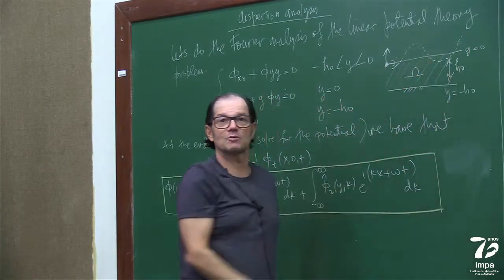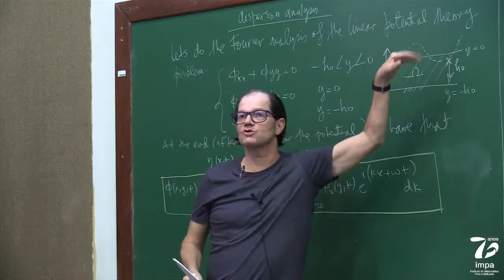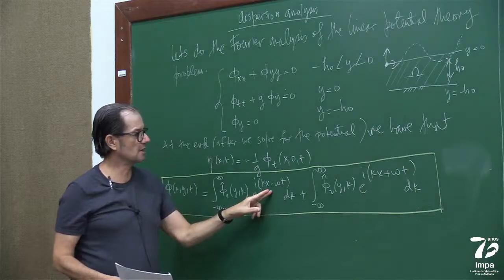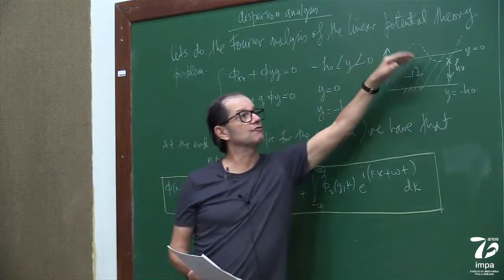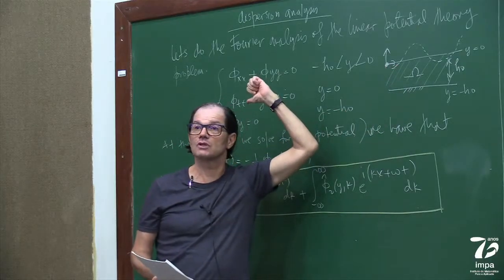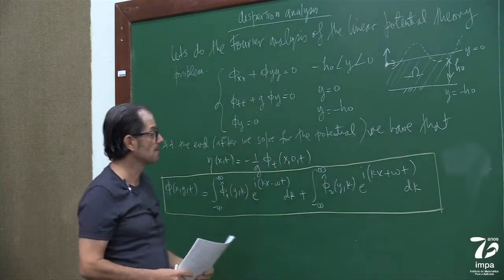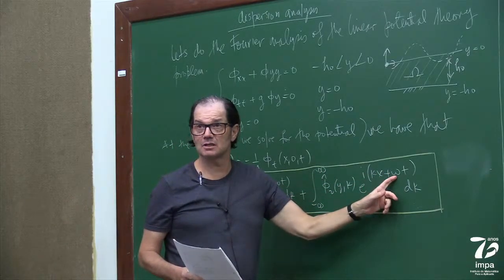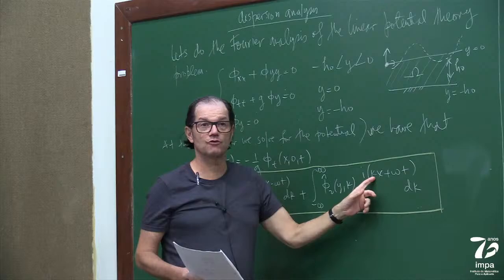Okay, if this were a Fourier mode, the real part, like a cosine or a sine, doesn't matter, just the schematic. This is a guy living on the free surface, going to the right. This is a guy just like that, but moving to the left. Okay? This is the temporal frequency. This is the spatial frequency.